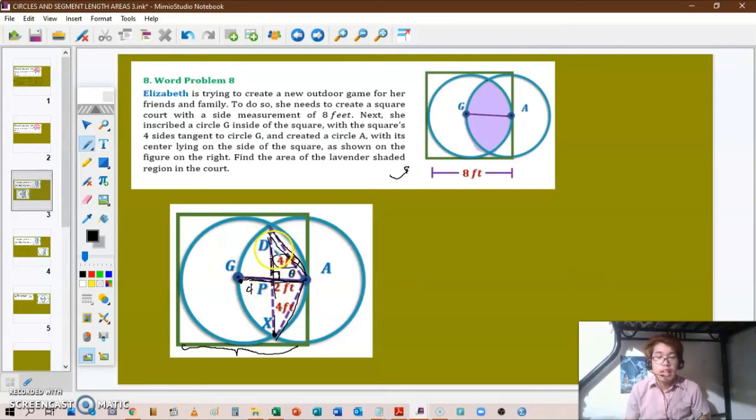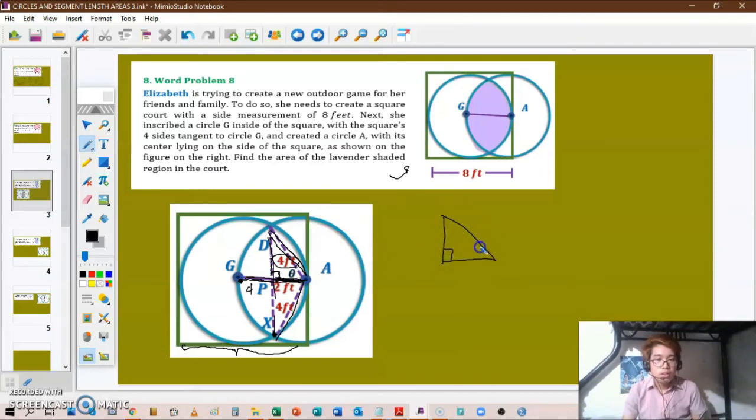Therefore, we will have created two right triangles. Since this is a perpendicular bisector, it bisects this segment GA. GA measures 4, and 4 divided by 2, so the measurement of PA is equal to 2 feet. So we will have created a right triangle.